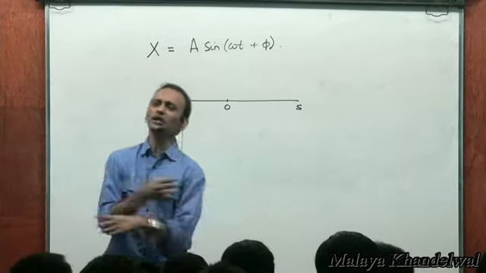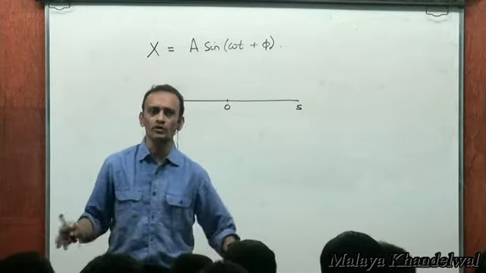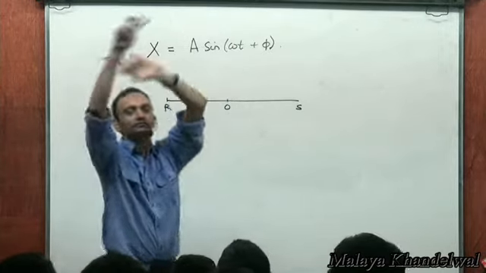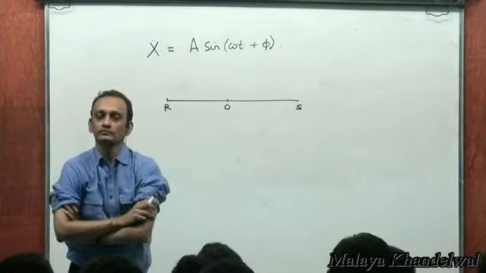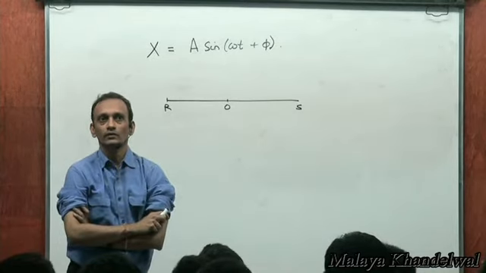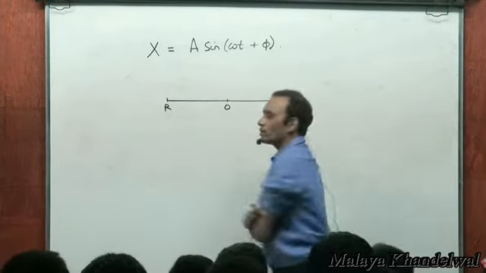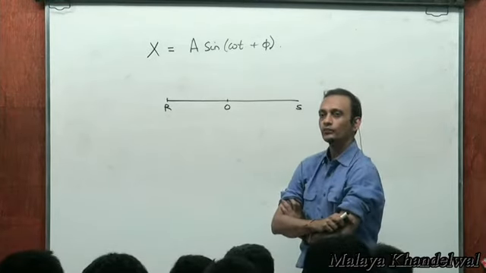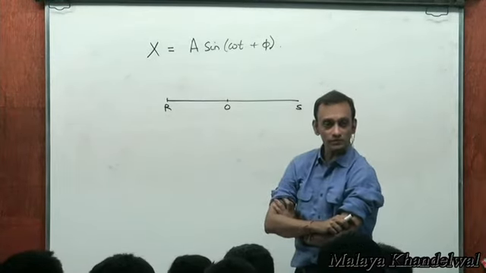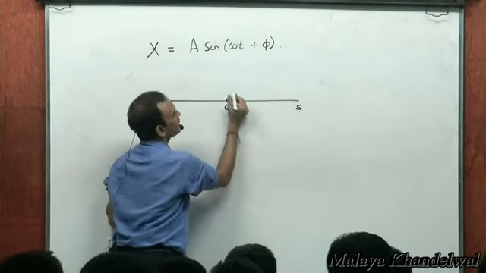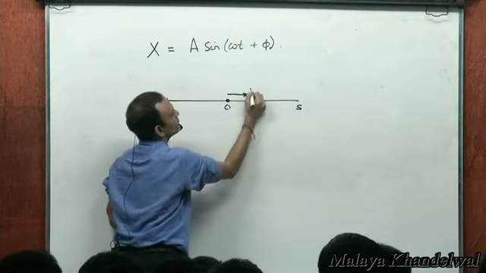Now, the particle was executing SHM with amplitude A and with angular frequency omega. One student starts to observe the particle when it was at the mean position and was moving to the right with a velocity v naught.